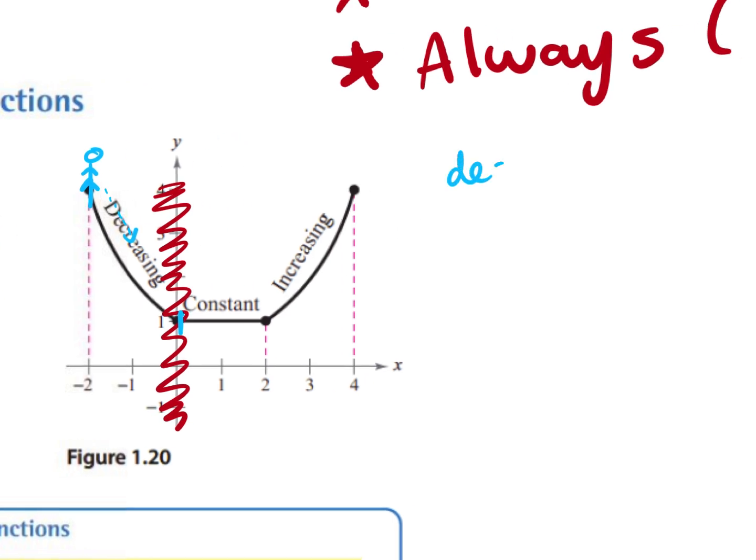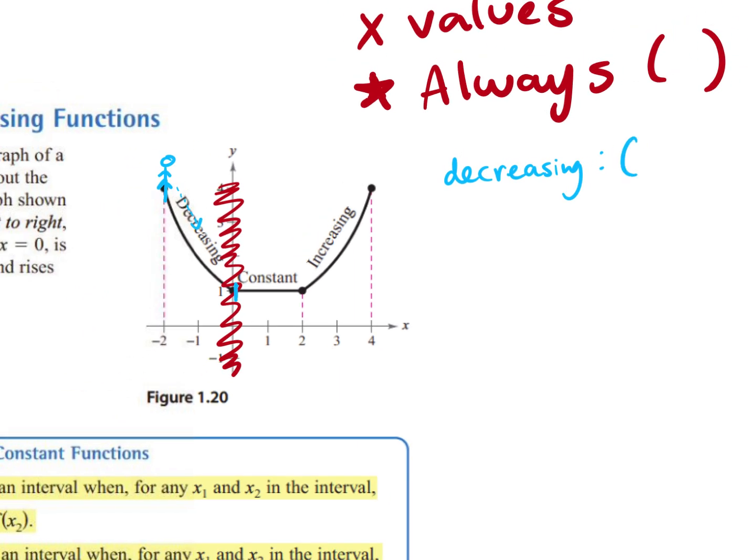So we're decreasing from -2 to 0. And it's always parentheses. Then at 0, we start walking in a straight line. We're not increasing, we're not decreasing, we are constant. So from 0 to what number am I constant? 0 to 2. Awesome.